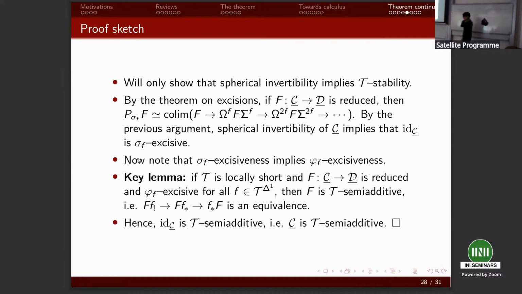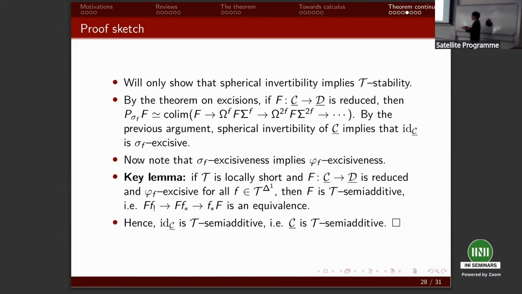The comment I wanted to make was, maybe this is again overkill, but this demonstrates the utility of setting up such a flexible abstract language, because it allows you to relate different notions of excitedness which have to do with different kinds of things. See, sigma F excitedness has something to do with the spheres.